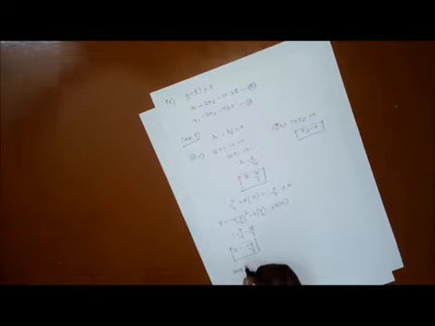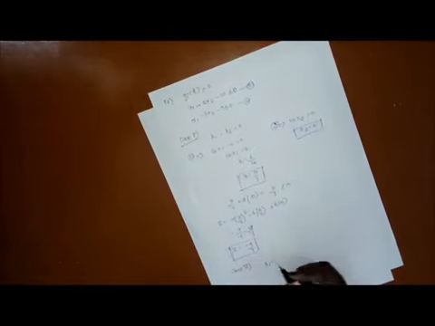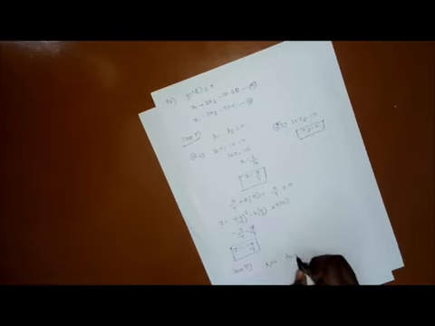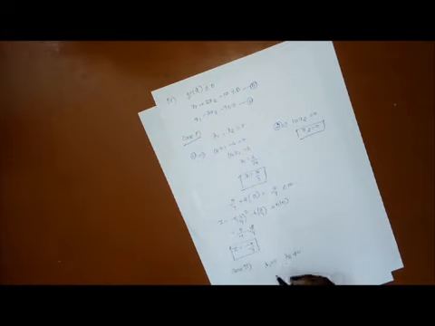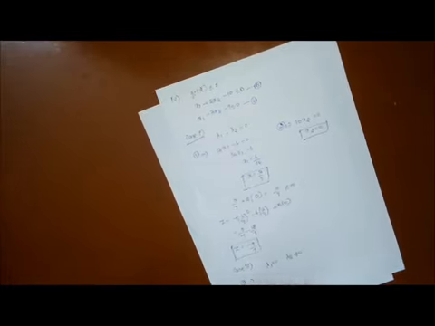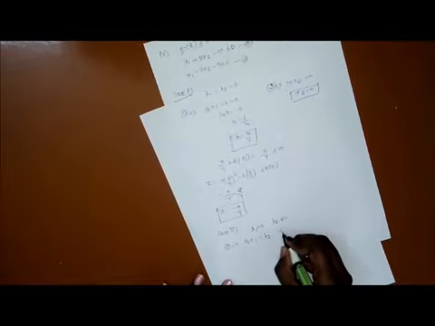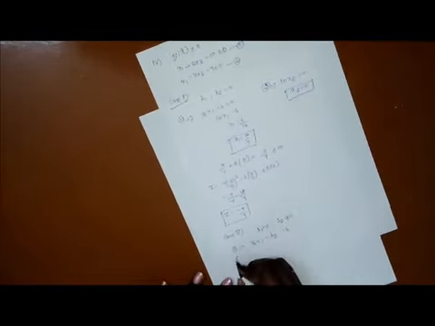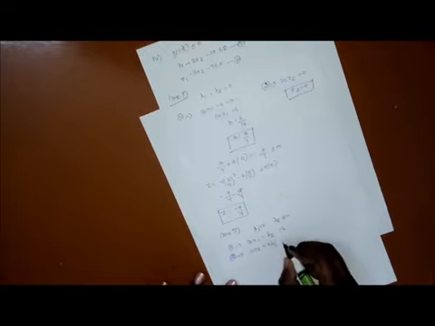Case 2. We substitute lambda 1 is equal to 0 and lambda 2 is not equal to 0. Substituting this in equation 1, we get 14x1 minus lambda 2 is equal to 6. And substituting this in equation 2, we get 10x2 plus 3 lambda 2 is equal to 0.